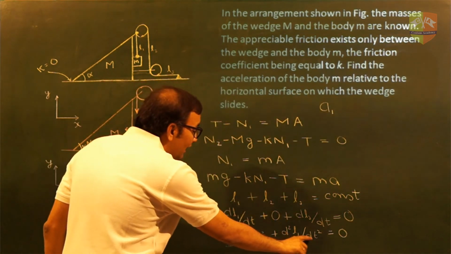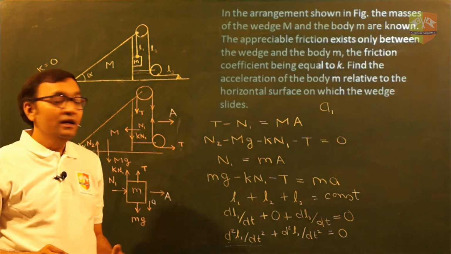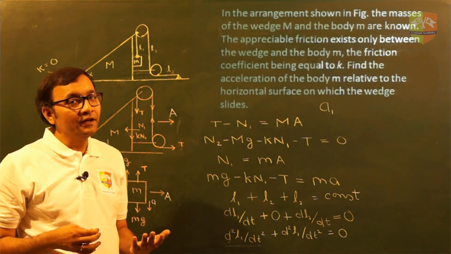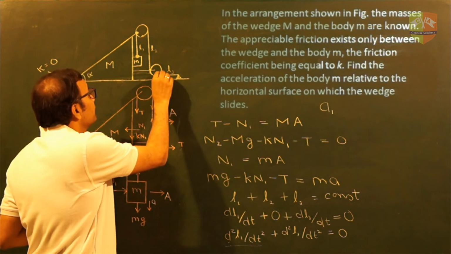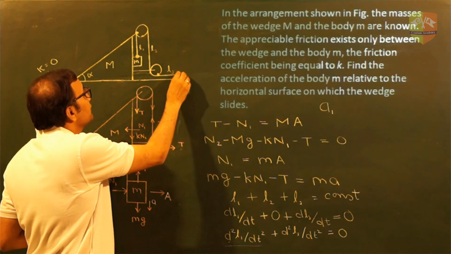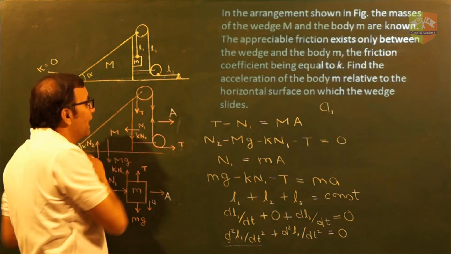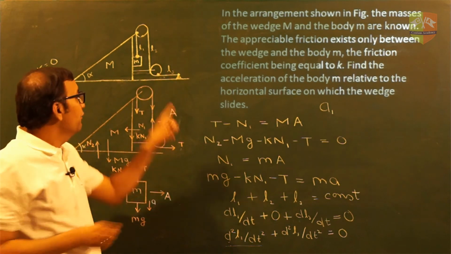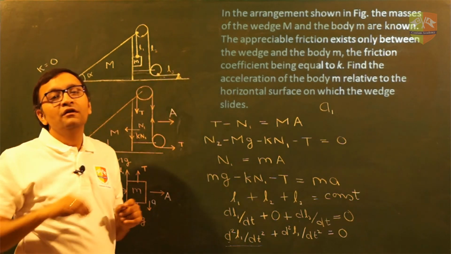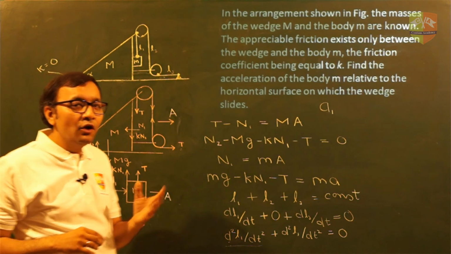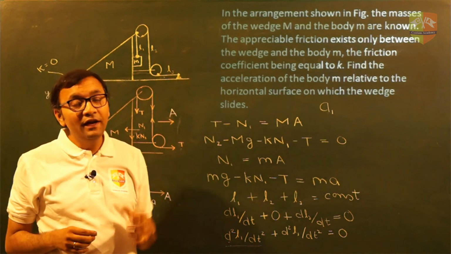What about d square L3 by dt square? This is the acceleration of L3. Now if we have these 2 points, this point is moving with acceleration capital A, right? Whereas this point is fixed. So what is the acceleration of increase of L3?